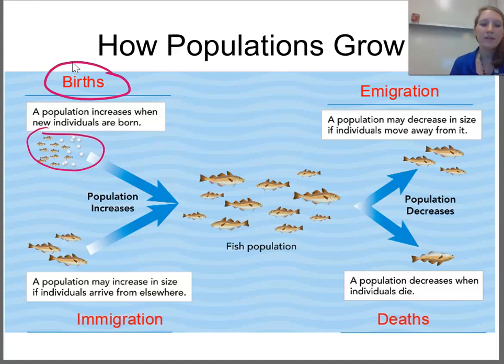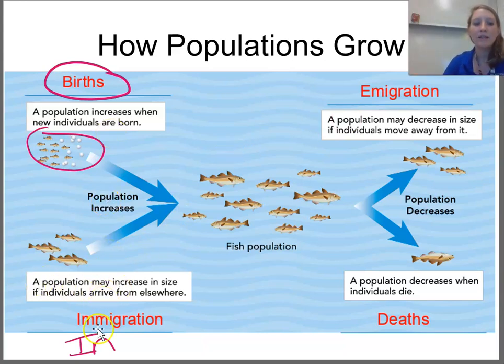We also have something called immigration with an I. Immigration means in, so I-N. So we have individuals of the same species that just come from somewhere else. Maybe they are coming along from a different stream, or they have to leave their old school of fish and now they're coming to their new school, whatever that might be.